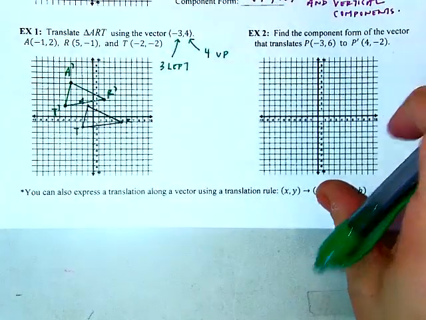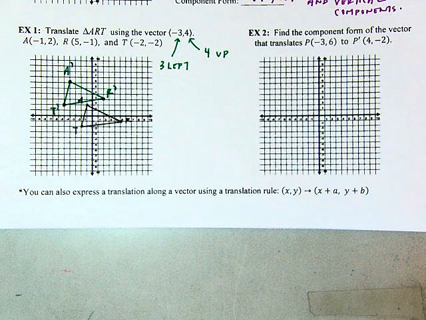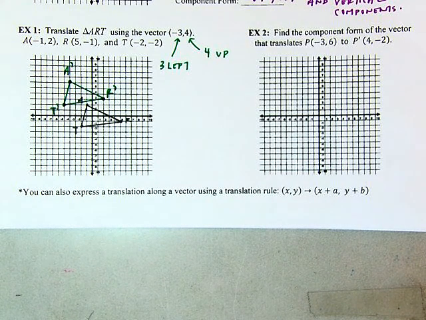And here is my translated figure. Remember that the figures are going to be congruent, right? They're identical like a cookie cutter. We've just altered the place and position. So everything has slid 3 left, 4 up.